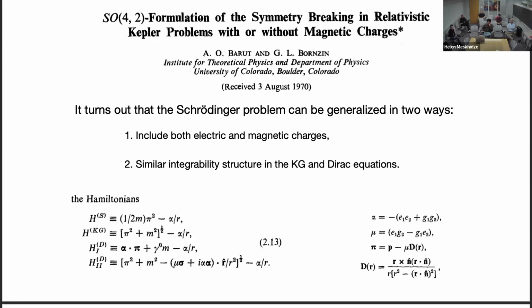Not just the Schrödinger equation with a central potential has the integrability property, but also the Klein-Gordon and the Dirac equations are integrable. That's a less famous but pretty seminal work of Barut and Bornzin, where they showed that, and also showed the group structure that I mentioned before for all of these problems.